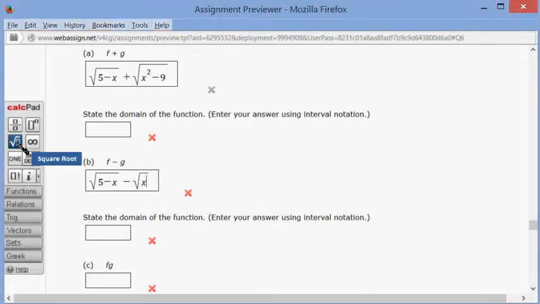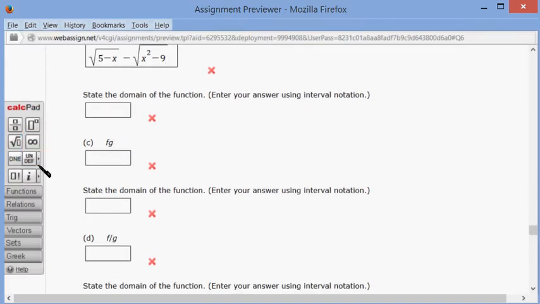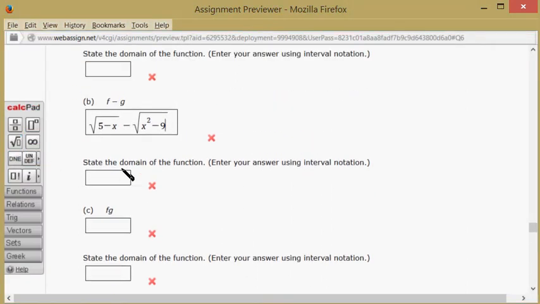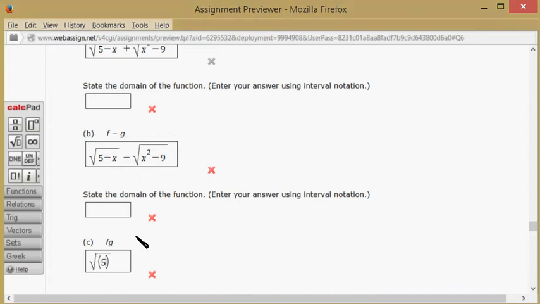then you have x squared minus 9. For f times g, you can just multiply them together, so we can probably just put it under the same square root. So it's 5 minus x, then you have a quantity x squared minus 9.